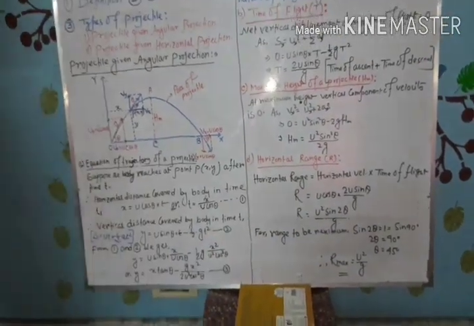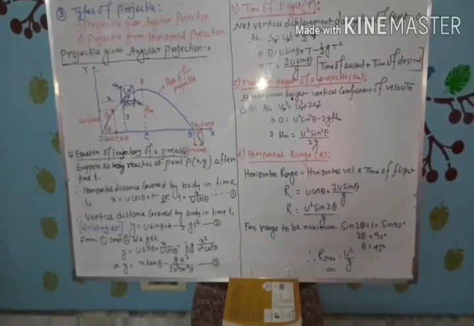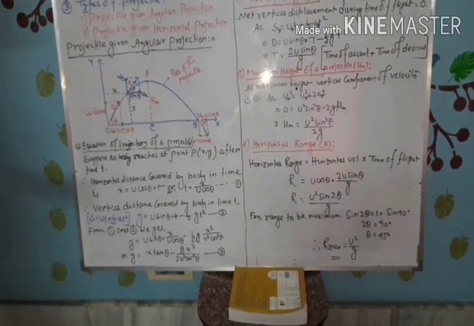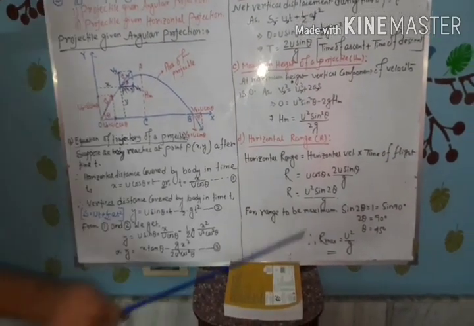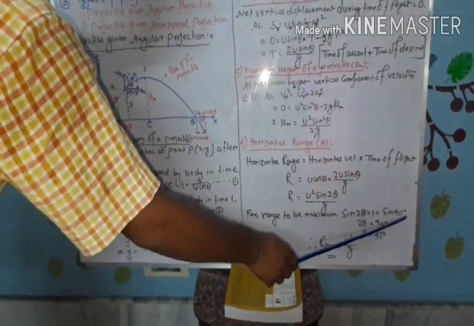Now there is a condition for which the horizontal range becomes maximum. You get the maximum horizontal range whenever sin 2 theta equals 1, which is sin 90 degrees.